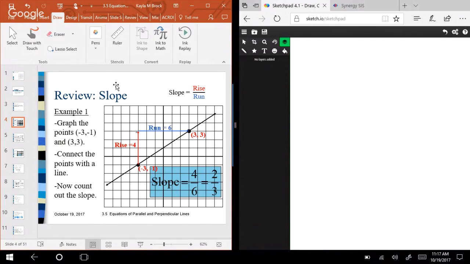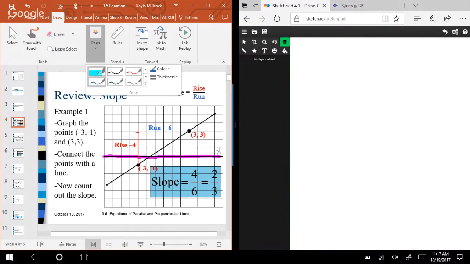The bolded line running horizontally is the x-axis, and the line running vertically is the y-axis.